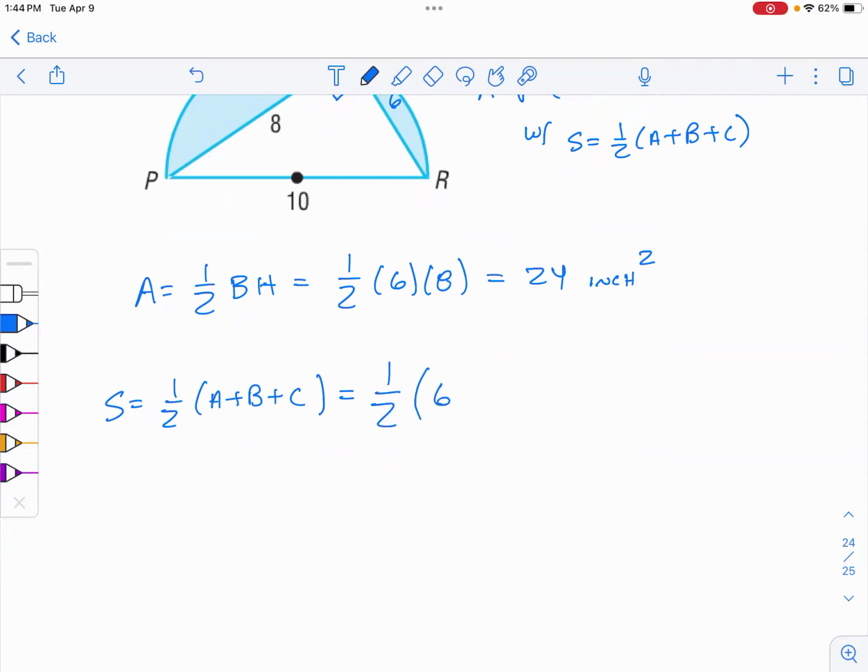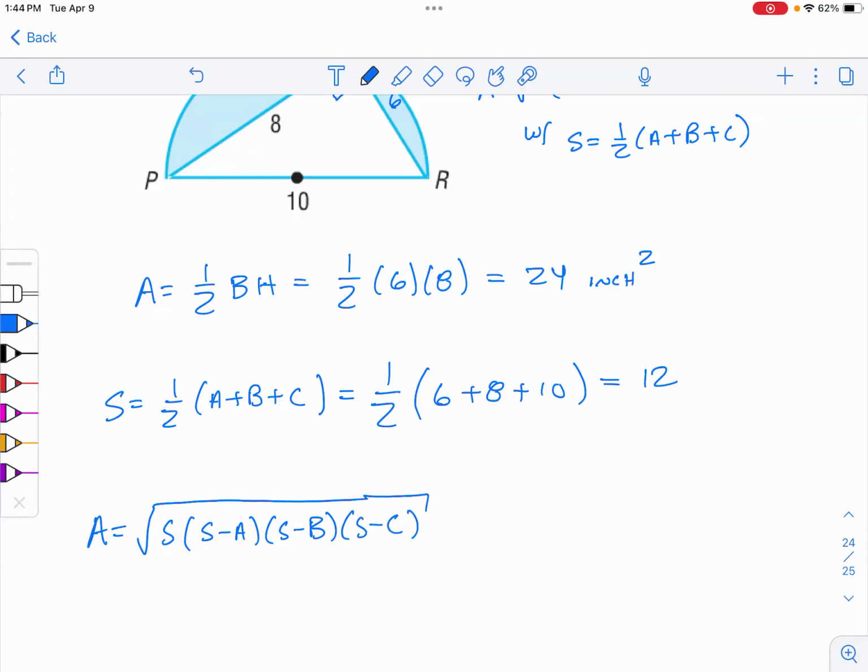So that means 6 plus 8 plus 10 gives me 24, and half of that is 12. And then Heron's formula, and it's very formulaic.